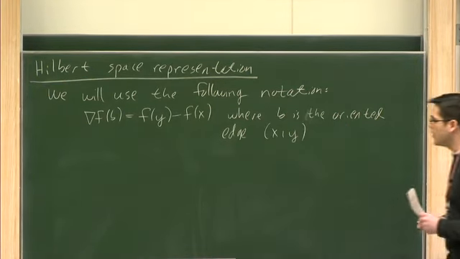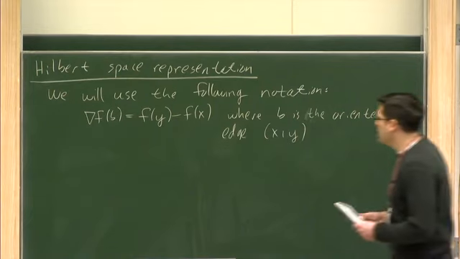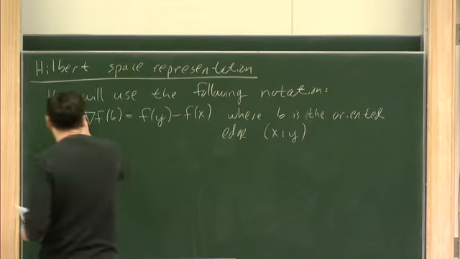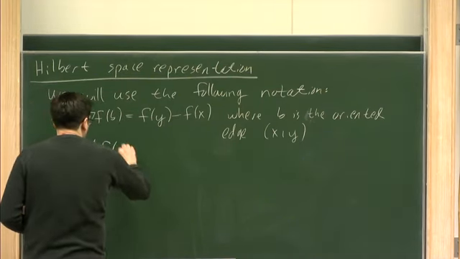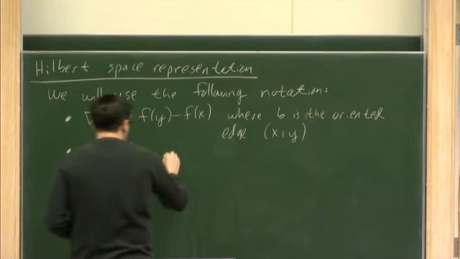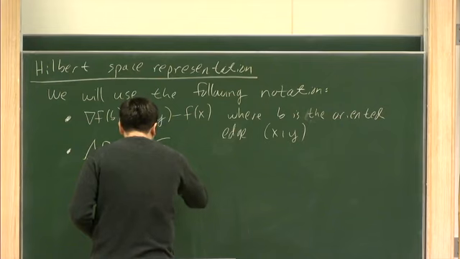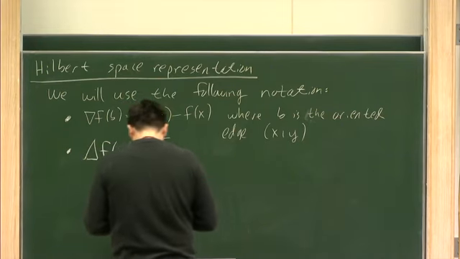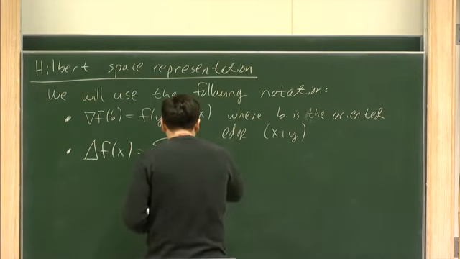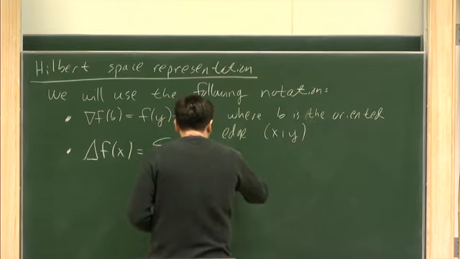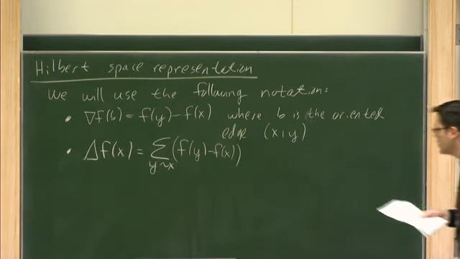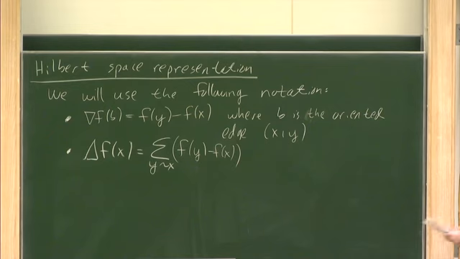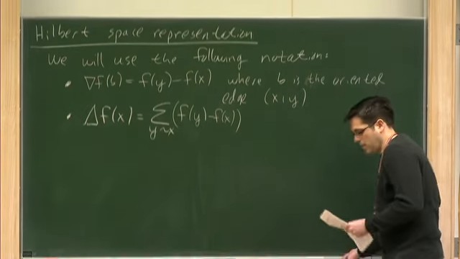So I'm going to write this for the discrete gradient. And I'm also going to define the Laplacian of f at x to be the sum over all y which are adjacent to x of the difference of f of y and f of x. Okay? So we have the discrete gradient and the discrete Laplacian.